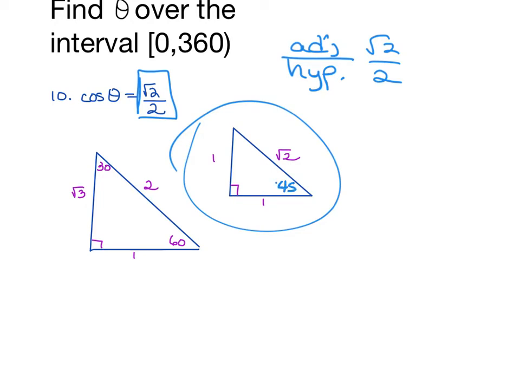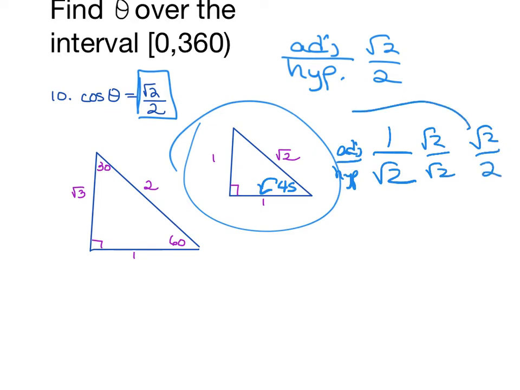So if I do adjacent and hypotenuse, what really went in was this, adjacent over hypotenuse. Once I rationalize it, then it's the answer that I started with. So our goal here is to find what our reference angle is. And our reference angle here is 45. Really, you don't need to go through this process because as soon as you see root 2, the only reference angle we can get out of that triangle is the 45.